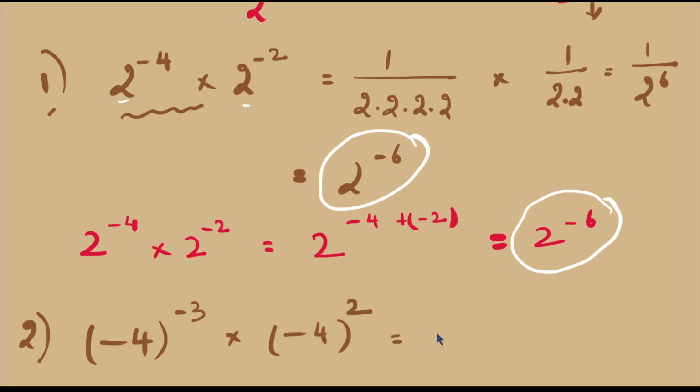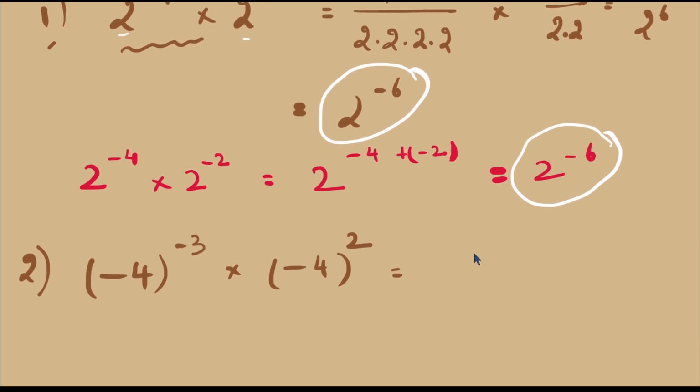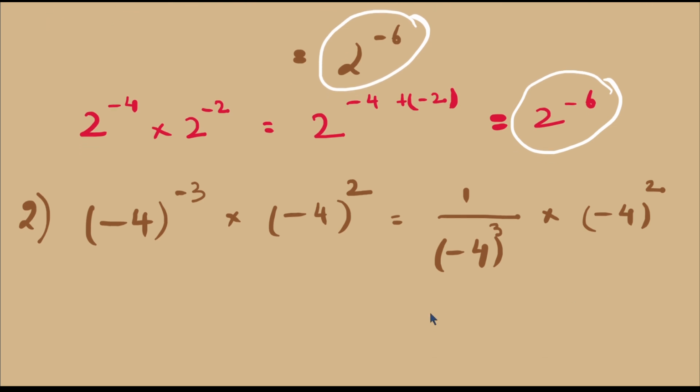So let me simplify using the normal method without the involvement of the law. So this is minus 4 raised to the power 3 into minus 4 raised to the power 2. So I can in fact use the division law of exponents here, because this is actually minus 4 squared by minus 4 cube.